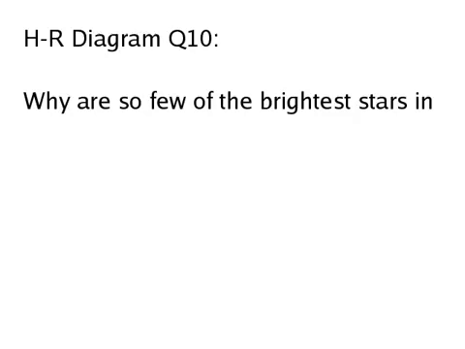Okay, so why are so few of the brightest stars in the nearest group? Well, here I want you to think of the analogy kind of like as if you were measuring people's height. We measure the stars' brightnesses.